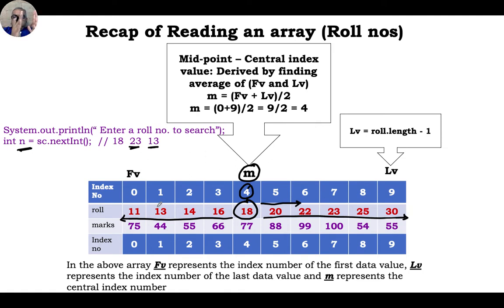If my data value is found, great, program over. If it is greater, I move to the right hand side, or I move to the left hand side. Whichever side I move, again I find a center of that. Again, if my data is found, great, program over. If not, then I either move left or right until the data is found. So this process will carry on until a particular condition is satisfied.